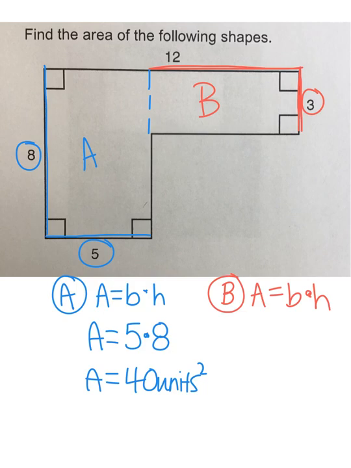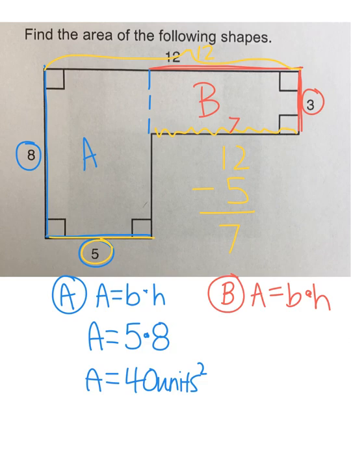It tells us that this whole top part is 12, and this part down here was 5. So to find our missing side, we need to do 12 minus 5 to get 7. So that would be our base in our red rectangle.